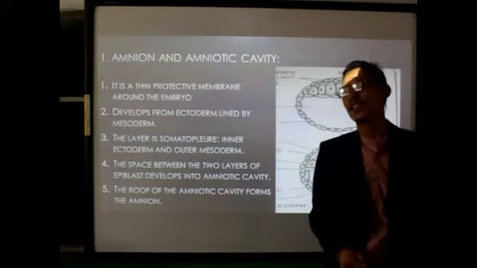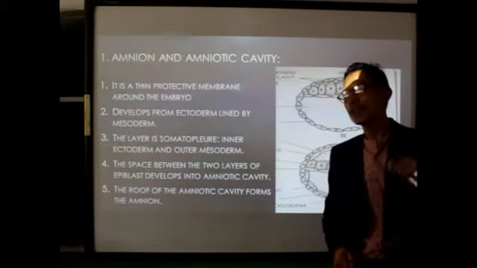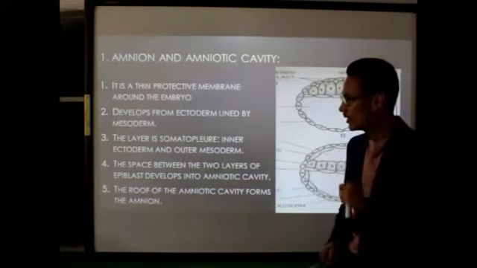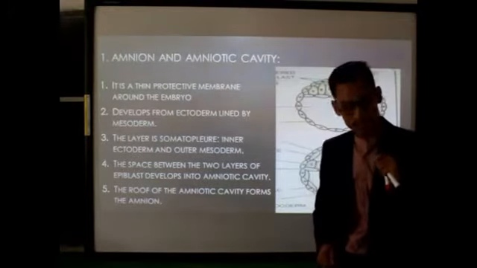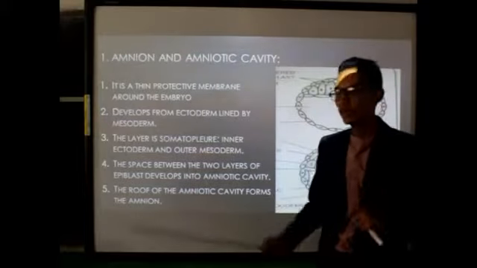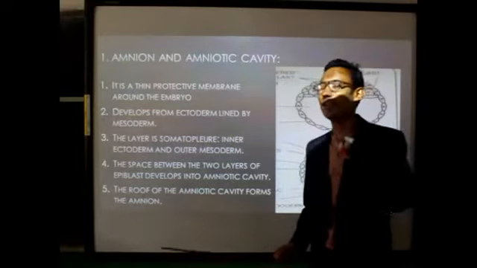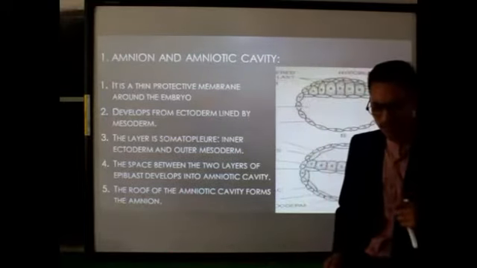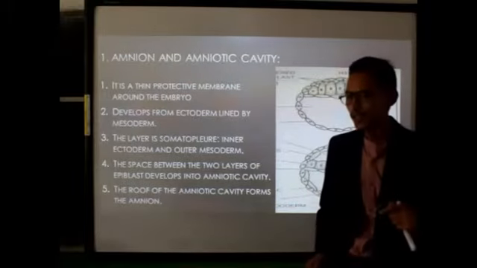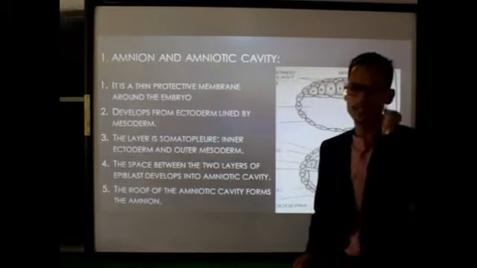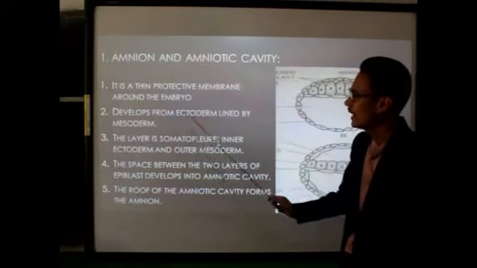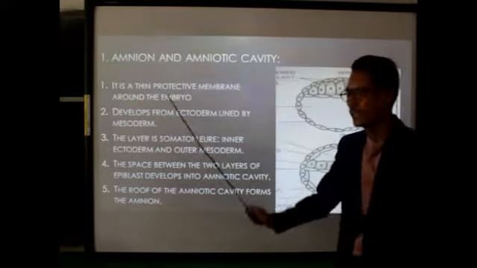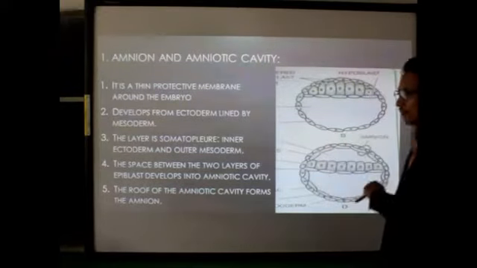We have learned during gastrulation that there will be formation of three embryonic germ layers: ectoderm, endoderm, and mesoderm. The ectoderm and mesoderm are embryonic germ layer cells that will give rise to different organs and tissues in the developing fetus. So this amnion develops from the ectoderm and is lined by the mesoderm.